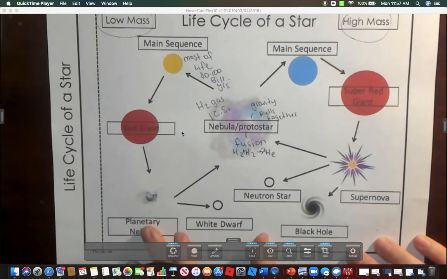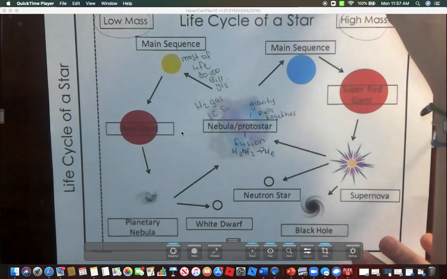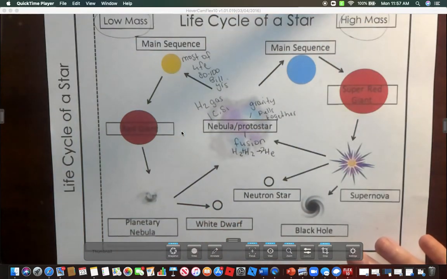At this point, the star is at equilibrium. The rate of fusion is occurring, but there is enough hydrogen gas that the star continues to fuse, continues to fuse, continues to fuse. Now, when that hydrogen gas begins to run out, we begin to fuse helium.